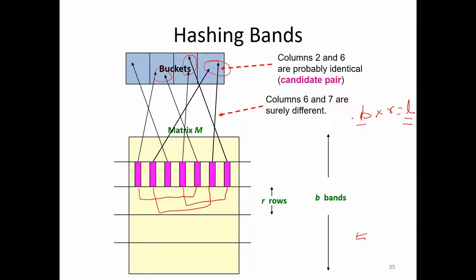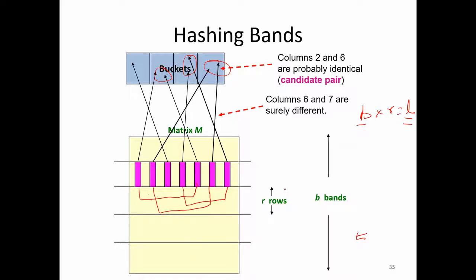So if you have more bands, you have less R, so you are basically selecting more candidate pairs, which means you are having more false positives, but you are having fewer false negatives.